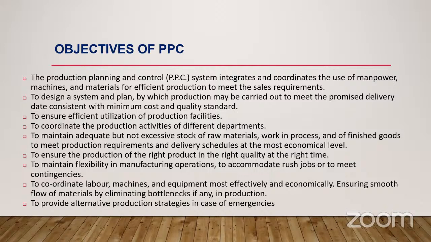The second objective is to design a system and plan by which production may be carried out to meet the promised delivery date. I mean, there is a specific date that you have to deliver your products and services to the customers, consistent with the minimum cost and quality standard.